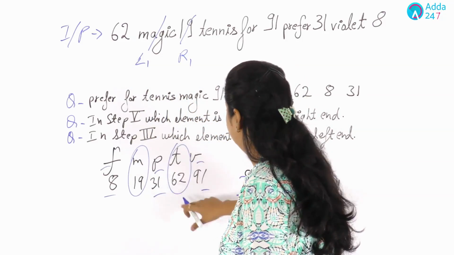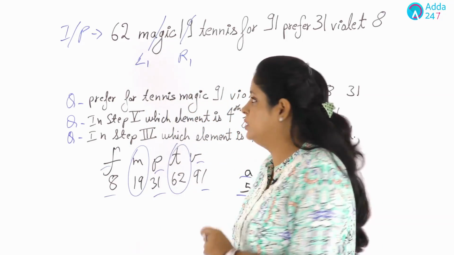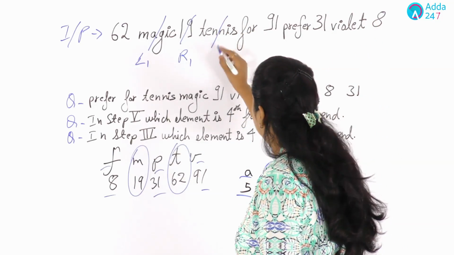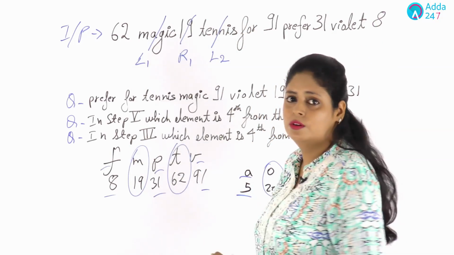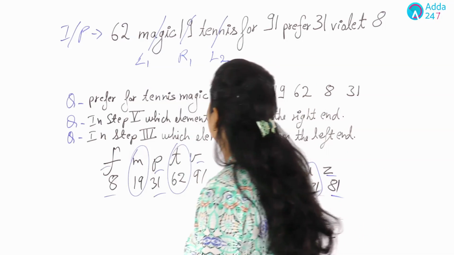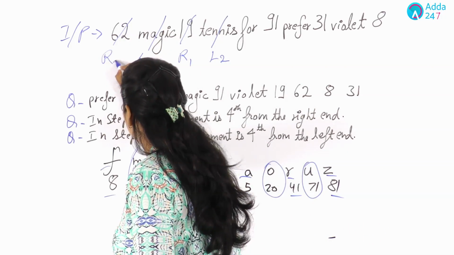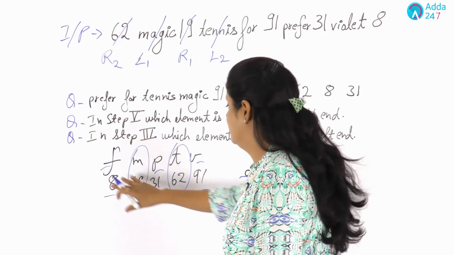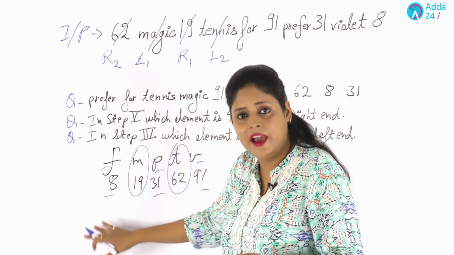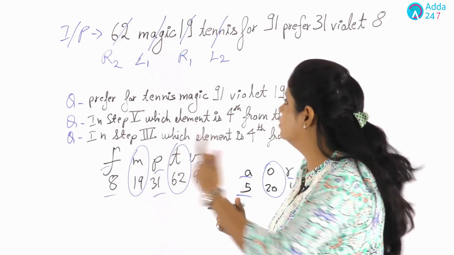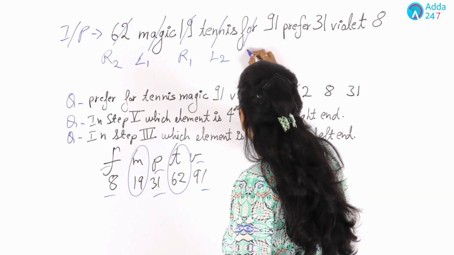I eliminated it as L1 and R1, means this went towards the left end and this went towards the right end. Now we will prefer another pair, T62. This one is the second one. T we termed as L2 because this is the letter and letter will go towards the left end and number will go towards the right end. L2, R2. Let's proceed towards the third pair. Our third pair is F8. F, again the same thing, F is a letter, it will go towards the left end.